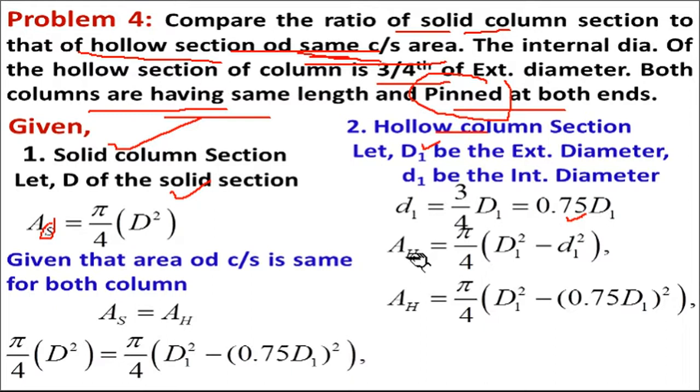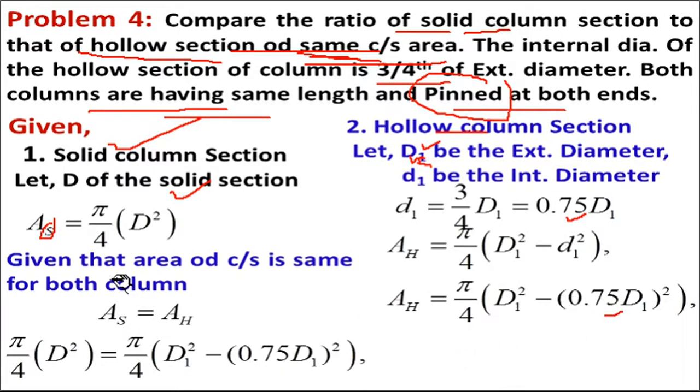We know that the area of a hollow column is calculated using the formula pi by 4 capital D raised to 2 minus small d raised to 2. Here capital D is D1 and small d is small d1. So pi by 4 capital D1 square minus small d1 square, where small d1 is 0.75 D1. You put this value here instead of small d1 and write it like this.